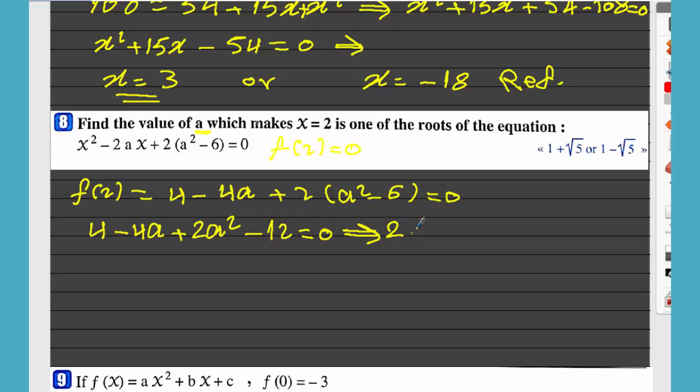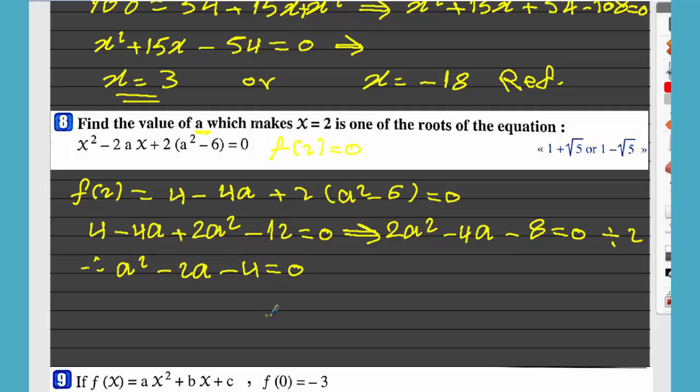So 2a squared minus 4a, 4 minus 12 equals negative 8, equals 0. It means dividing both sides by 2, what do we get? a squared minus 2a minus 4 equals 0.